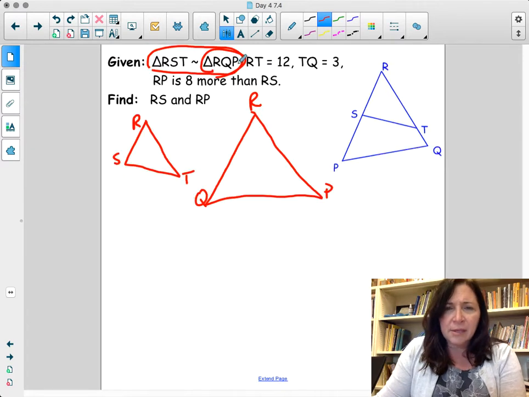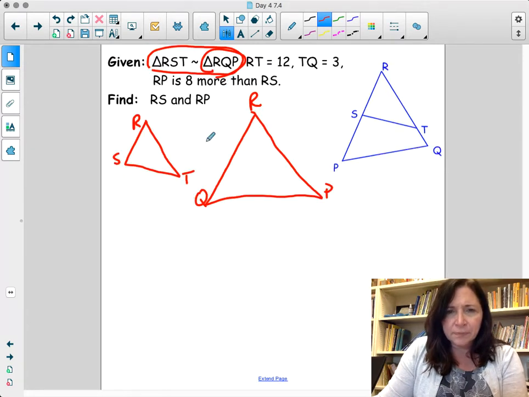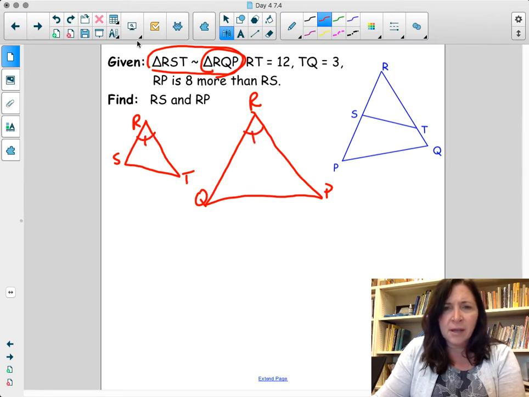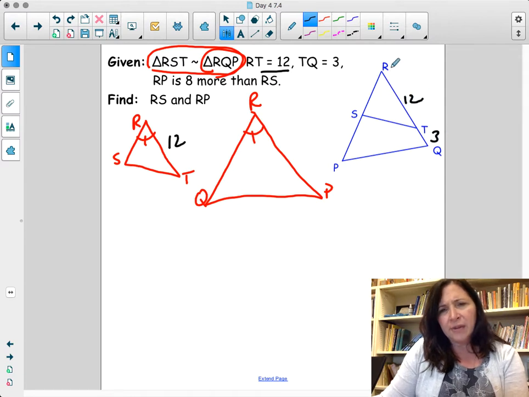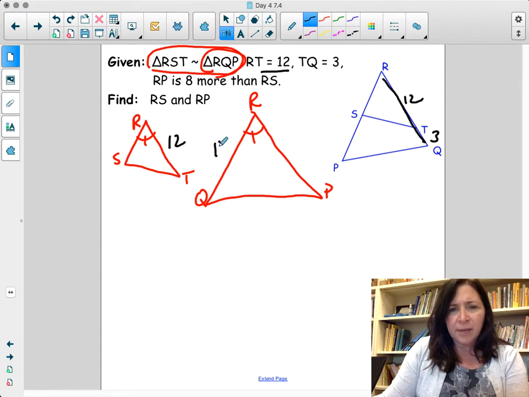And a couple of things. Number one, R is congruent to itself, right? Check. You also know that RT is 12. TQ is 3, and RT is 12. So that means RQ, this whole length, is 15.